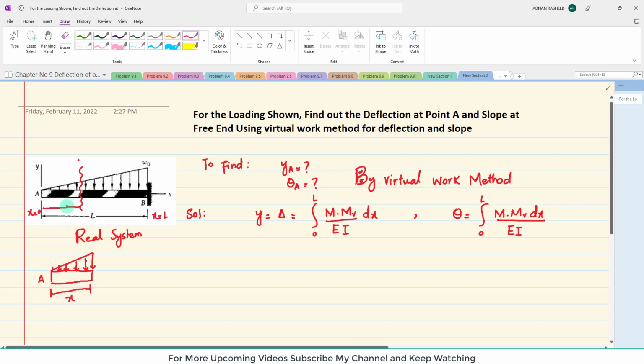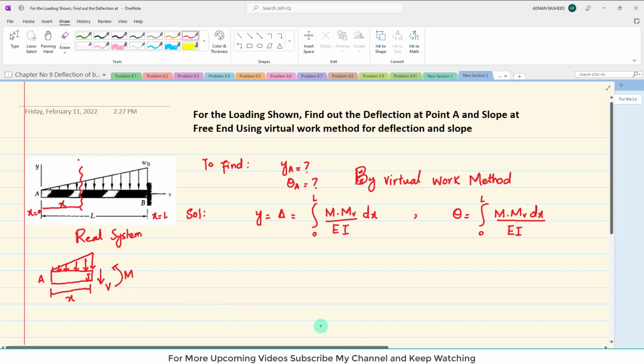Clear? This distance is x. When we cut the beam over here, definitely there will be a shear force V and a reaction moment M, and let this point be point J. Clear? So we are interested to find out the moment at this cut section.